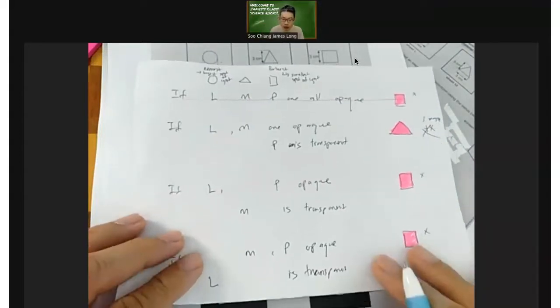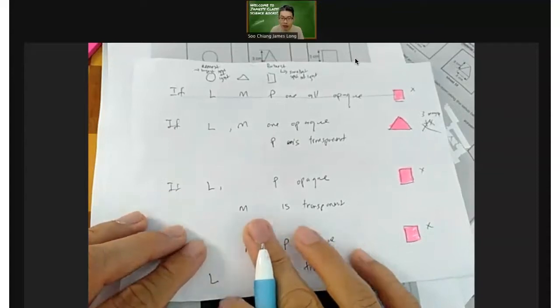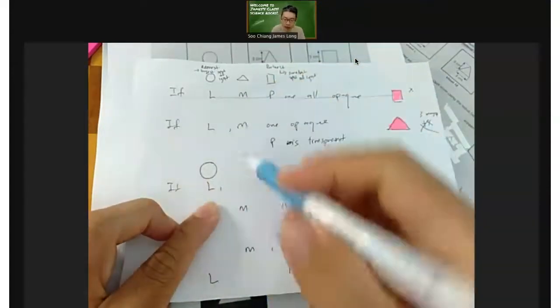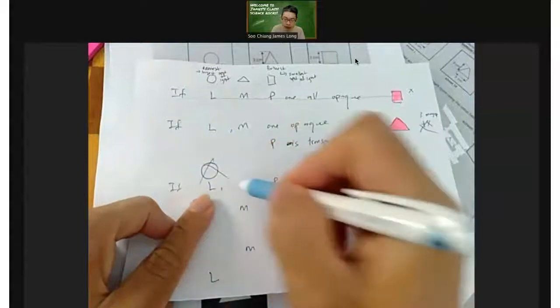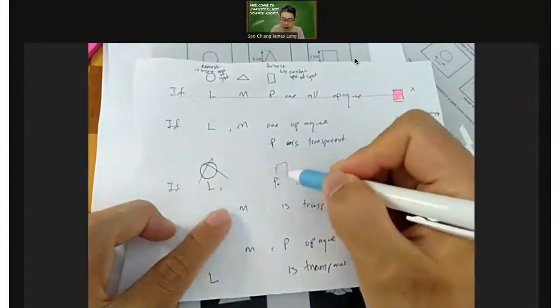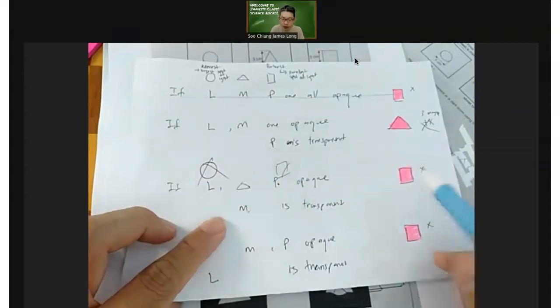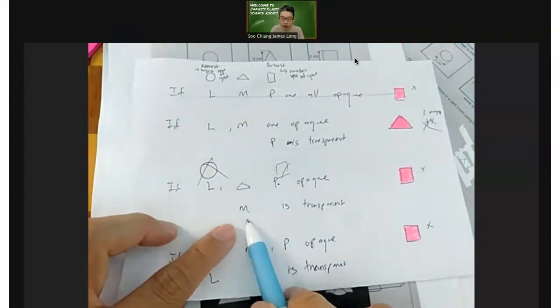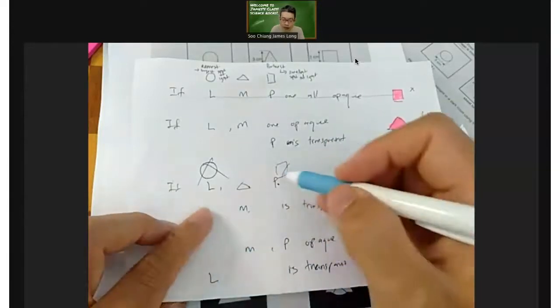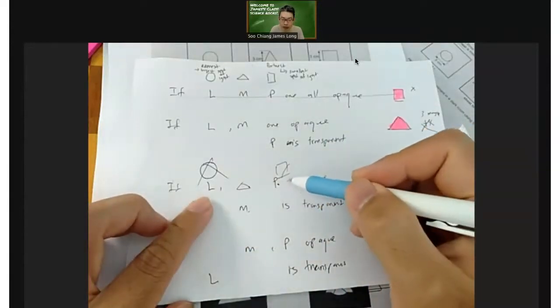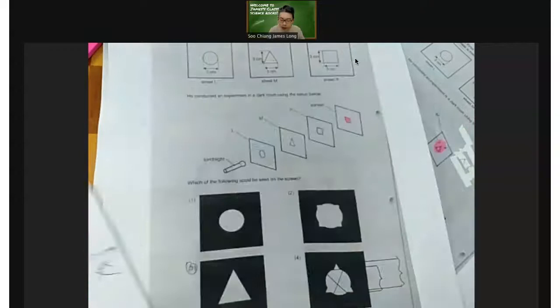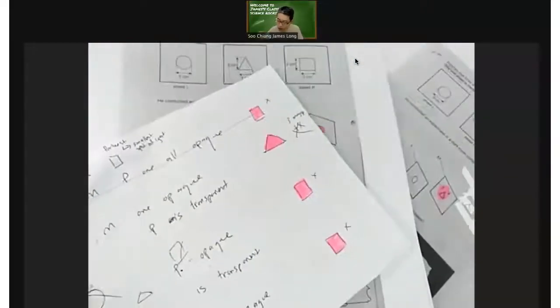So let's see. If now I assume that this is the light that can, if this is opaque, so I won't get this. If P is opaque, I won't get this. This is triangular, right? I should get a triangular spot. Sorry, let's see, P and Q here. So in this case, let me just draw that for you to see.